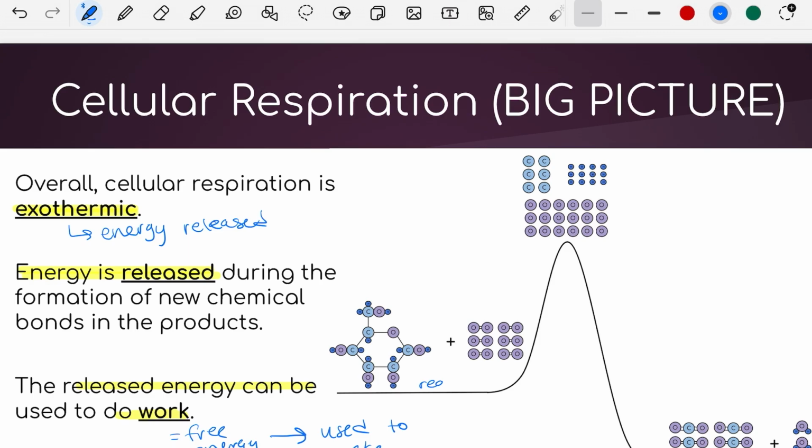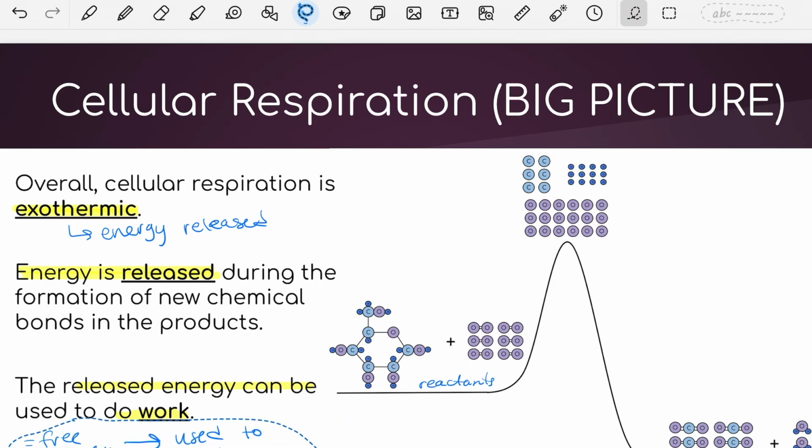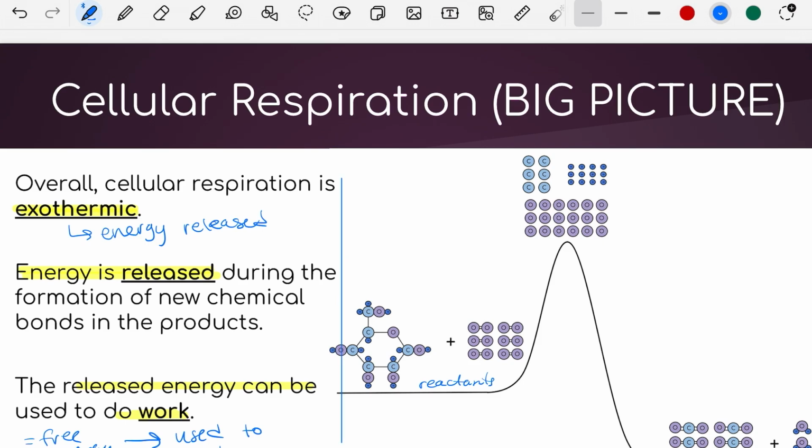Okay, the reactants in this chemical reaction have more energy than the products. Right, this is showing the energy here, right? Remember, on this axis over here, we've got energy. Okay, so this is showing energy up here. That's the energy stored in the molecules.